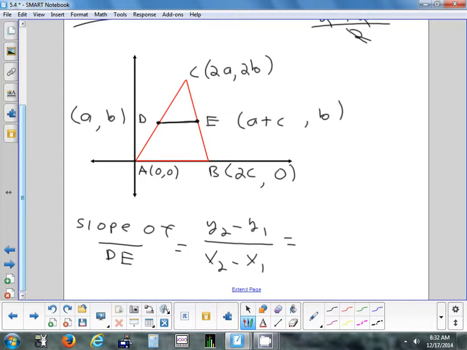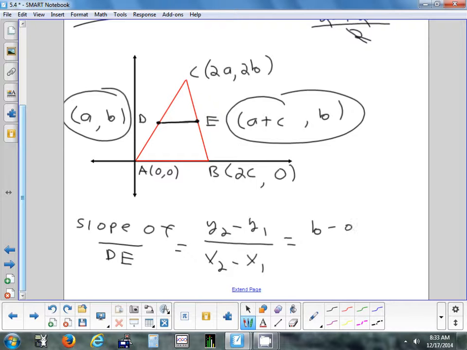Can somebody fill that in for me using that coordinate and that coordinate? What's going to go in the top? Yep. B minus B. Good. And A minus B. A minus A plus C. Yep. And A minus the other coordinate, A plus C.